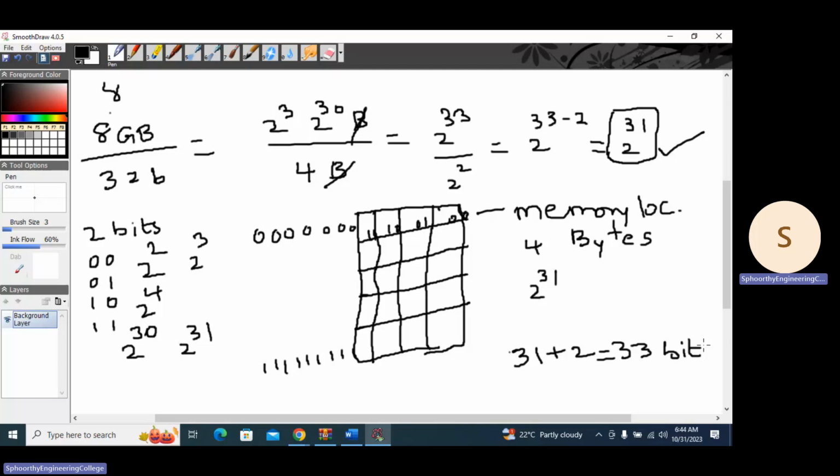So I hope, friends, the concept of memory addressing is clear, and why we are giving names to memory locations. The reason is very simple. I can't remember such a big binary address. So I'm giving a name to that memory location, which is called a variable.